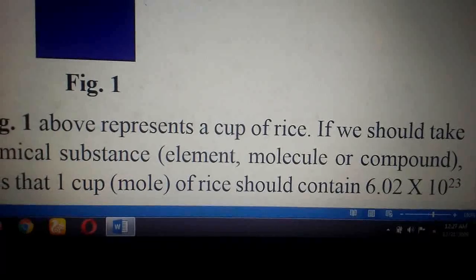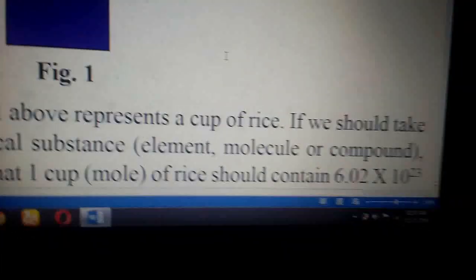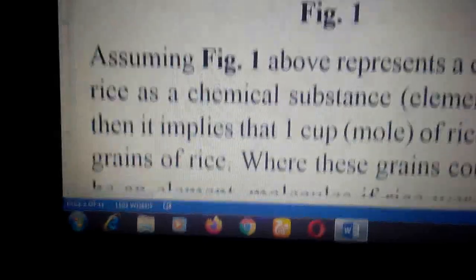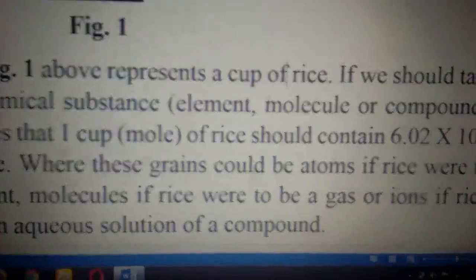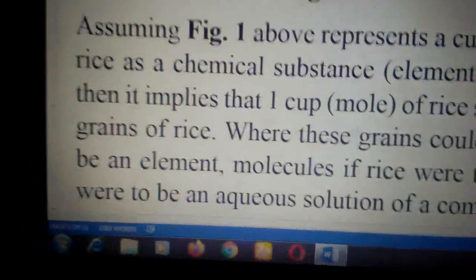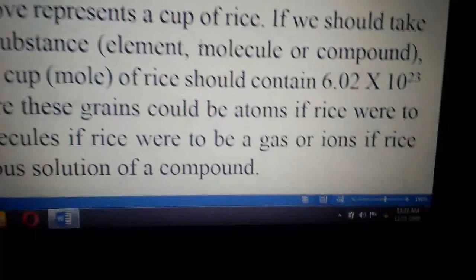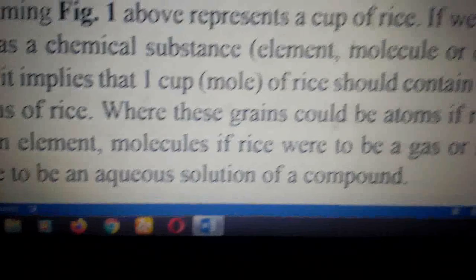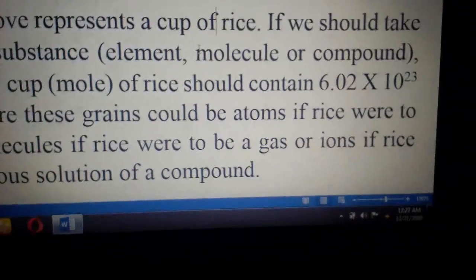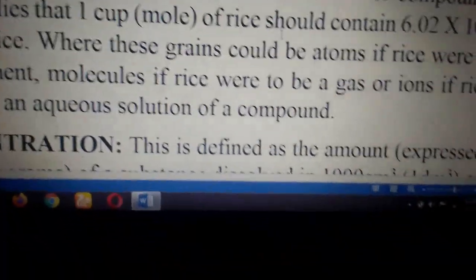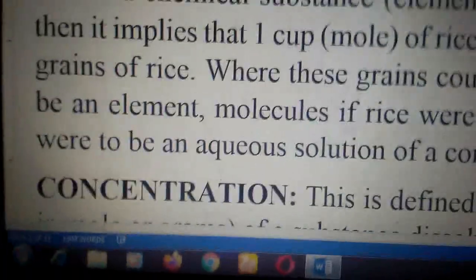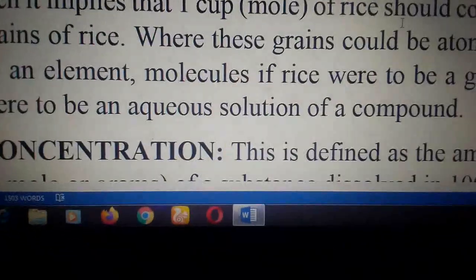If we should take rice as a chemical substance, could be element, molecule, or compound, then it implies that 1 cup or mole of rice should contain 6.02 times 10 to the power 23 grains of rice, where these grains could be atoms if rice were to be an element, molecules if rice were to be a gas, or ions if rice were to be an aqueous solution of a compound. So we have explained that.